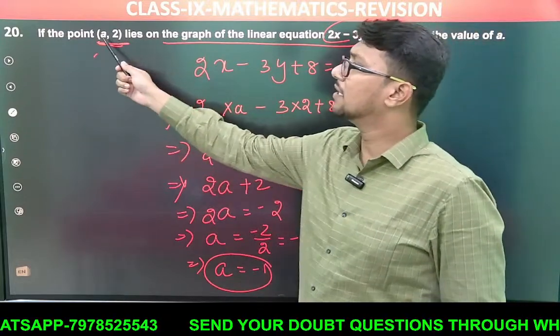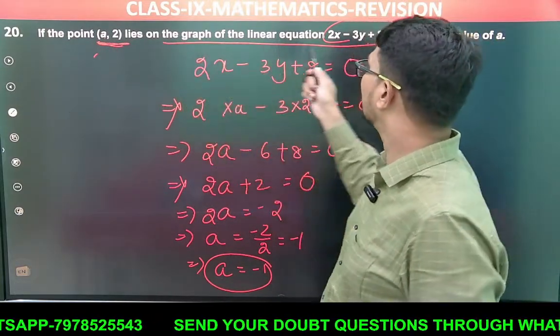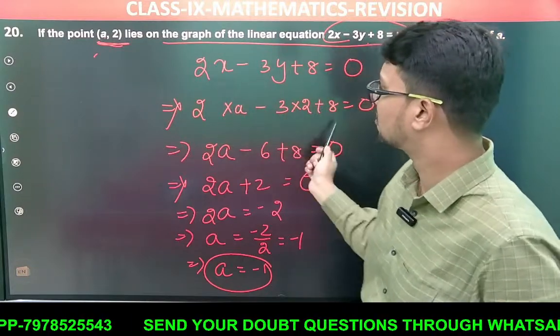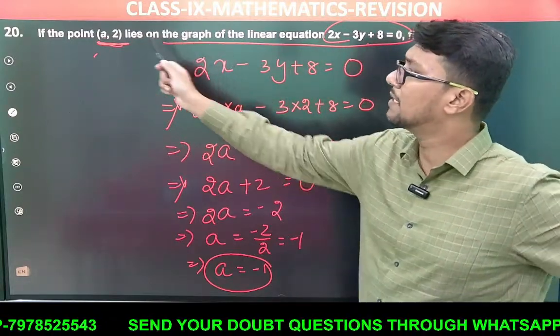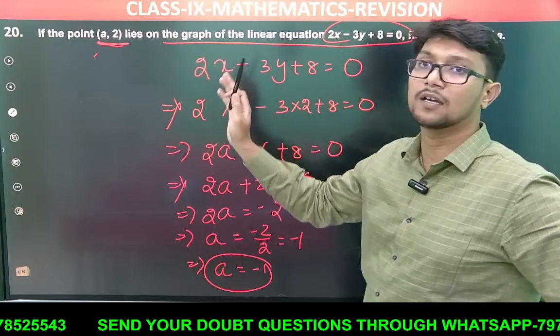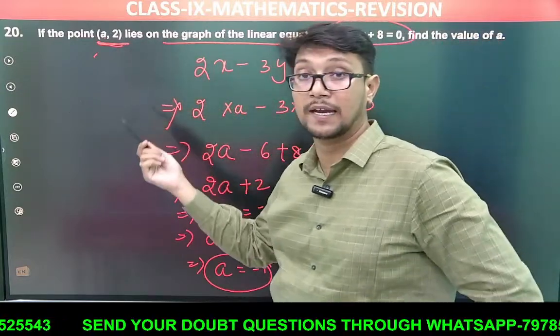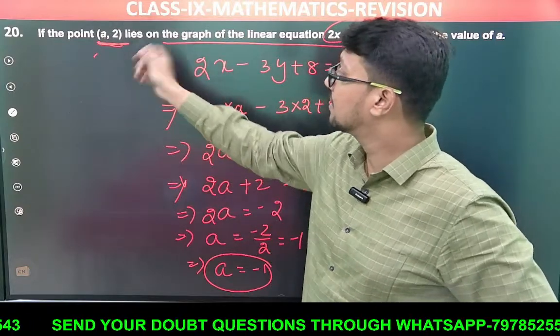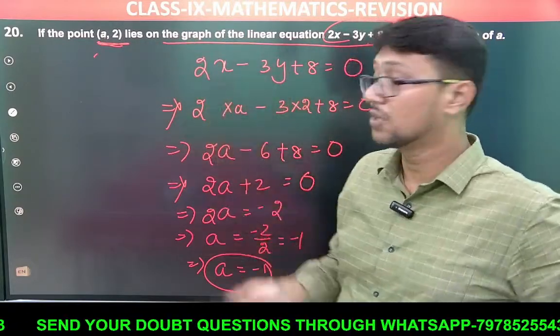The point (a, 2) lies on the graph of the linear equation, which means it will satisfy the equation. We replace x by a, and we cannot replace y by a because it is an ordered pair. So we replace x by a and y by 2.